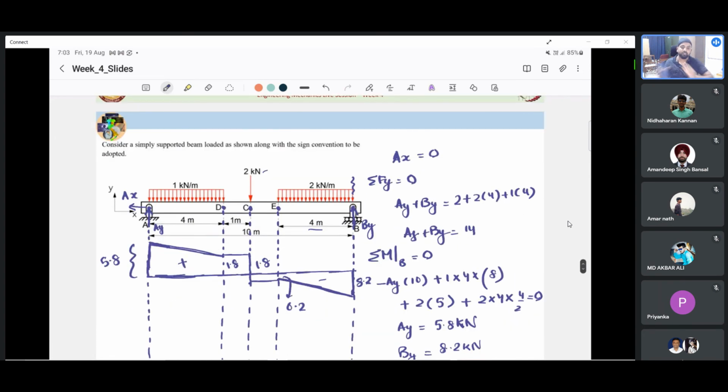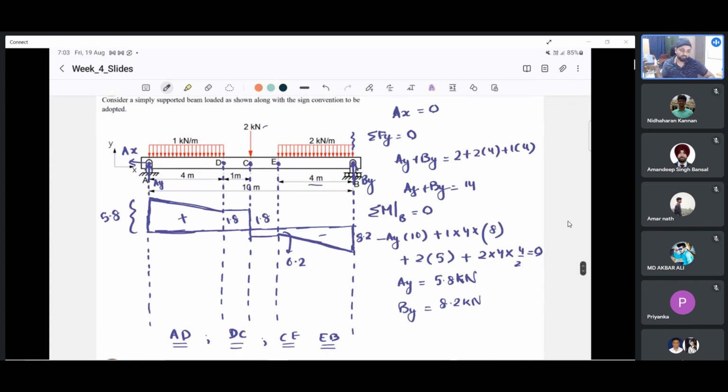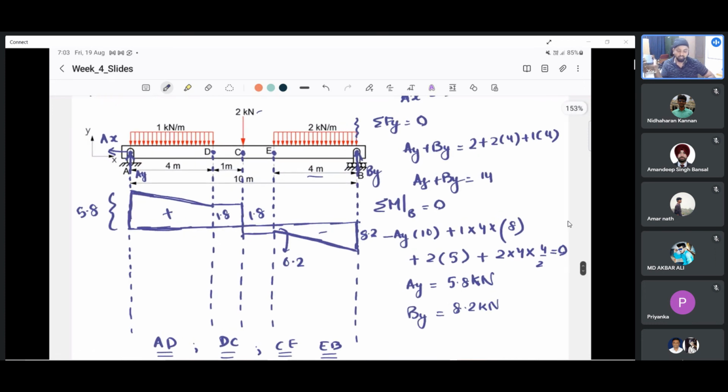We split the beam, put the shear appropriately, and then calculated shear force at every section. I'm just giving you the result outright because we are running a little short of time. But I would encourage you to solve this question on your own, and if there are any doubts, come to ask in the next session or in the forum.